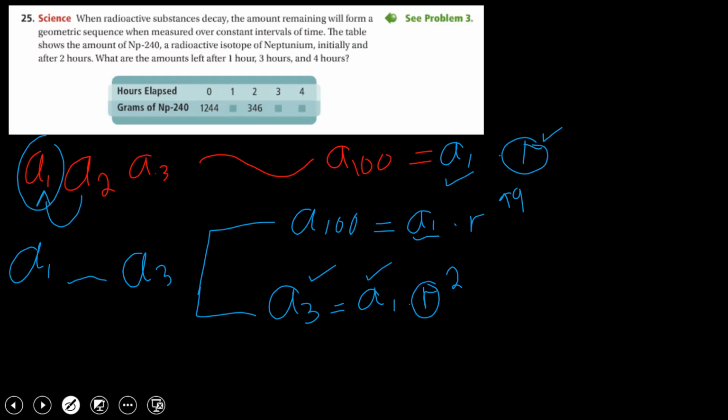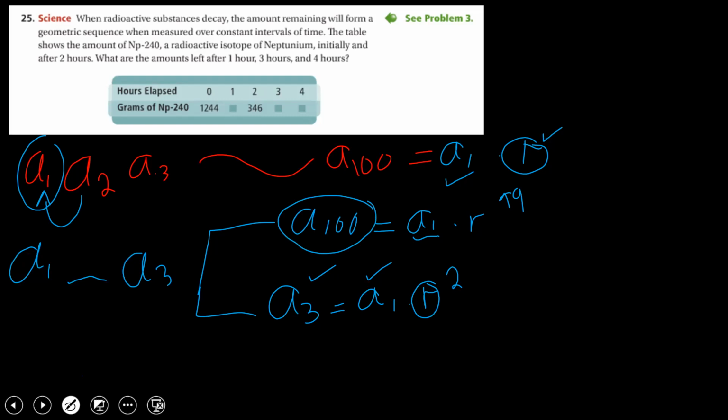Is it clear now? If two terms follow each other, I can find r. But if he gave me as an example a sub 1 and a sub 3, and asked me to find a sub 100, I will use this formula.